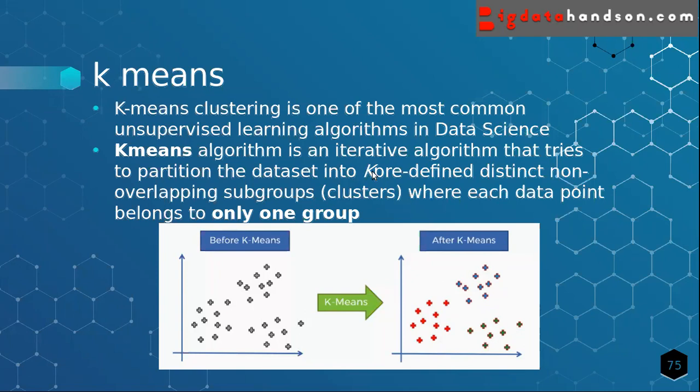K predefined means we need to give the number of clusters when creating the model, and based on the number of clusters it tries to create the non-overlapping subgroups, where each data point belongs to only one group.